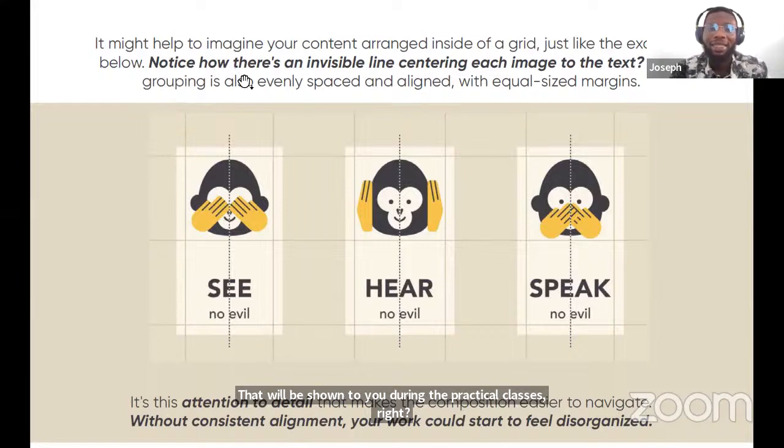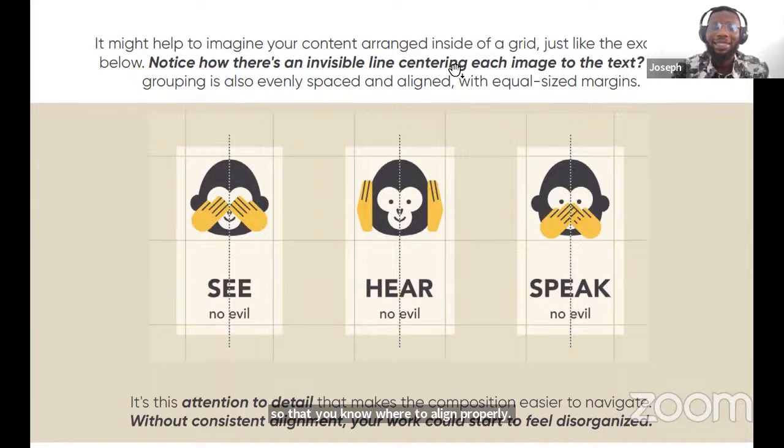Right. Notice here that there's an invisible line centering each image to the text. Each grouping is also evenly spaced and aligned with what? Equal side margins. See the frames along the sides. Let me show you. Take a look at this. You see this space here, this here, this right here, down to here, same, all this.